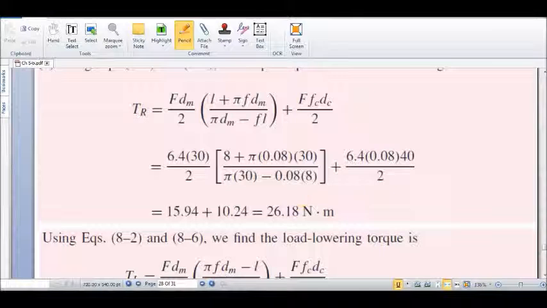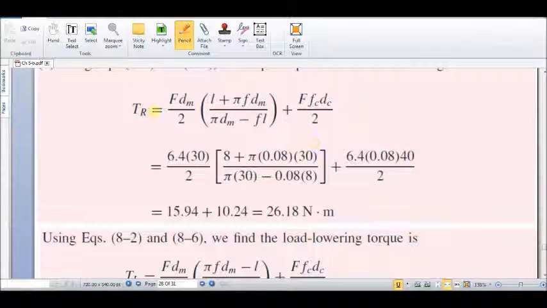Then at the end you will get torque in newton meter. Or you can keep the load as kilonewton, and then you don't need to convert the other parameters to meter. You can retain them in millimeter units.